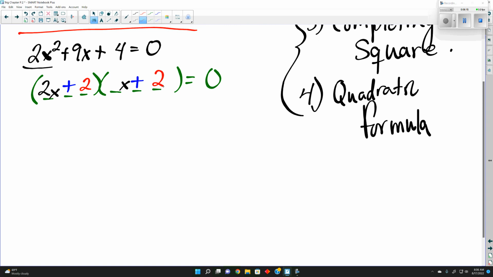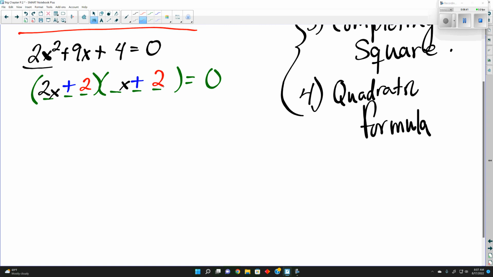Because if we look at the first set of parentheses, we have 2x plus 2, yes? Is there a greatest common factor between those two terms? Yes. So since there's a greatest common factor here, we can pull it out front, yes? But one big thing with factoring, if there wasn't one to begin with, so 2x squared plus 9x plus 4, if there's not a greatest common factor there, there can't be one in either one of these here.